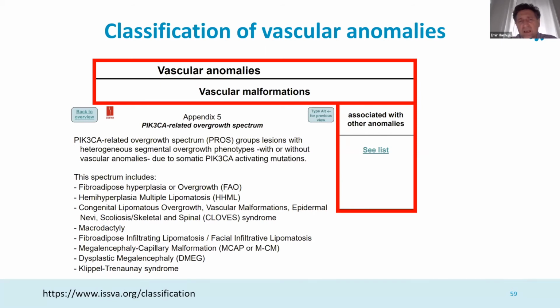You can easily read about this group of diseases either on the ISSVA website or online. Important is that they all have the PIK3CA mutation, and potentially these patients could profit from treatment against the PIK3CA gene. And we will see how this develops in the clinical trials which are approaching.